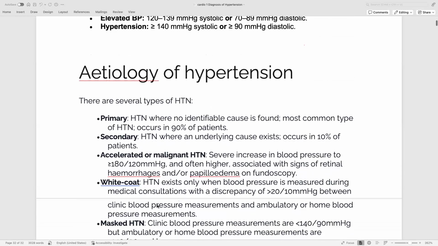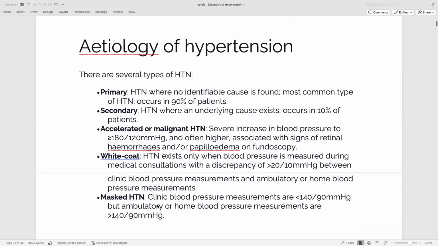What is the etiology of hypertension? High blood pressure or hypertension may be primary, which is 90%, and there is no known cause, same like idiopathic lung fibrosis, same like type 2 diabetes, for example.